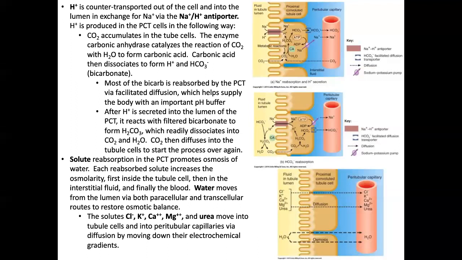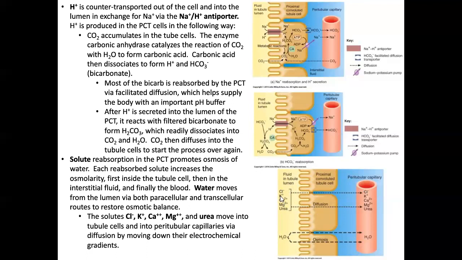Down at the bottom, in our final illustration on the page, shows you how we reabsorb solutes. Things like chloride, potassium, calcium, magnesium, urea. Their movement helps promote the movement of water.